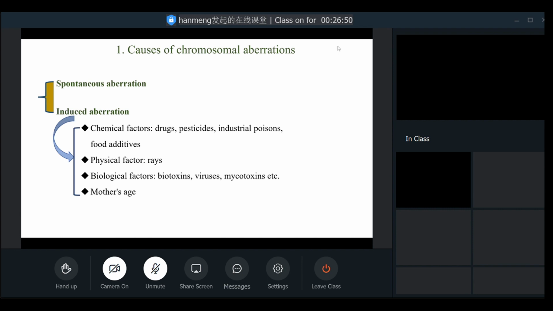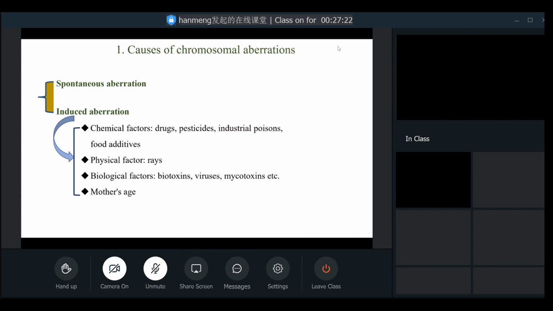So, according to our experimental goal or other aims, we will use some drugs or chemicals to induce mutation. Here, chromosome aberration can also be divided into spontaneous aberration and induced aberration.